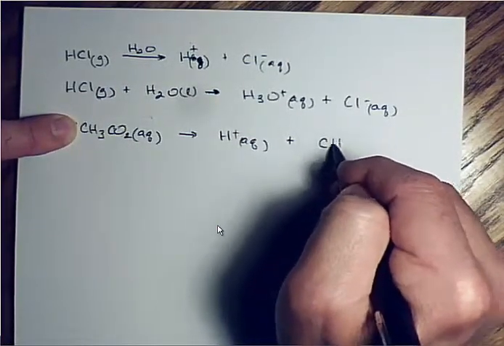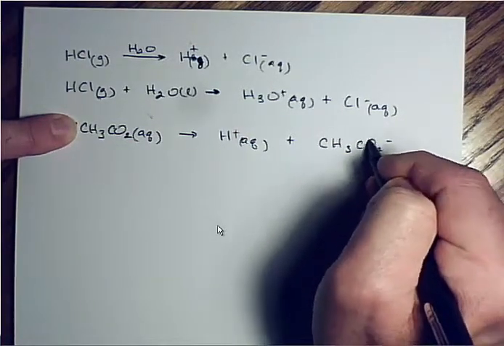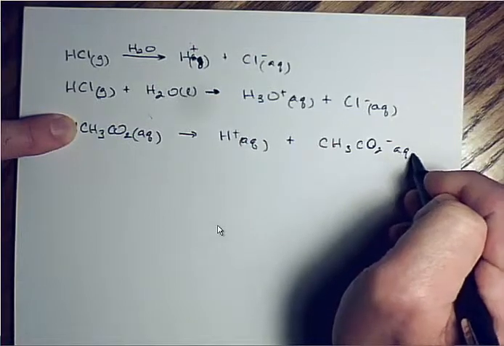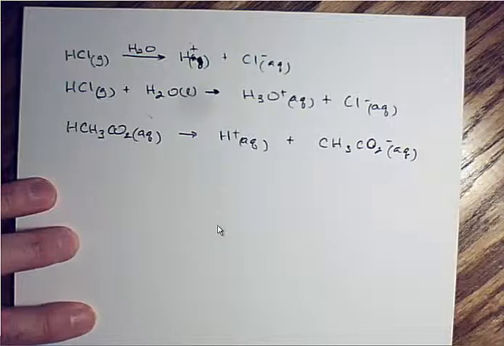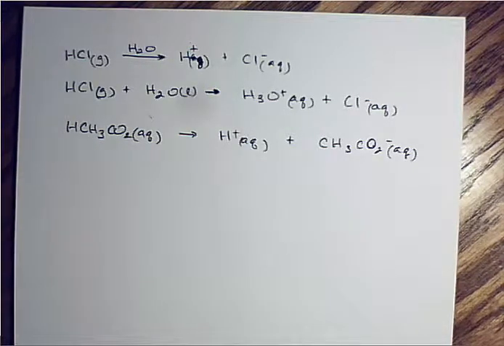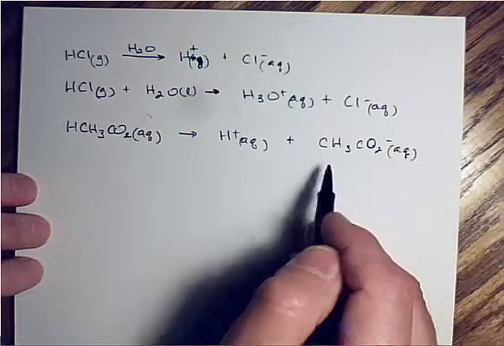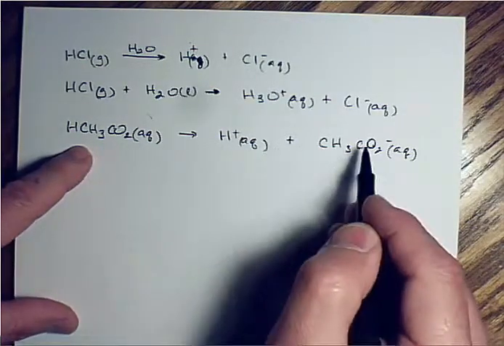And what is this thing called? One of those polyatomic ions you're supposed to have memorized for this class. Acetic. Okay, I can hear you pronouncing it a little differently than it's normally pronounced. That's called an acetate ion. Okay, acetate ion. All right. So hydrogen ions and acetate ions. This is the Arrhenius theory system.